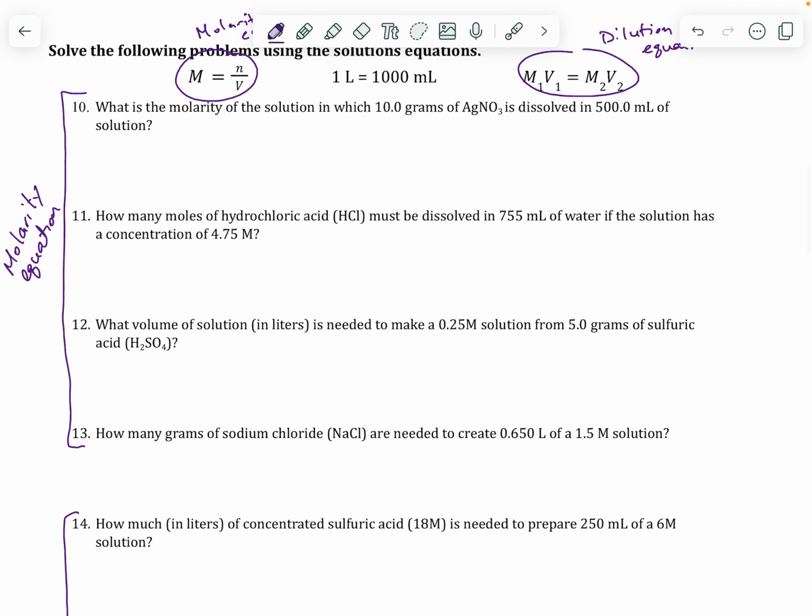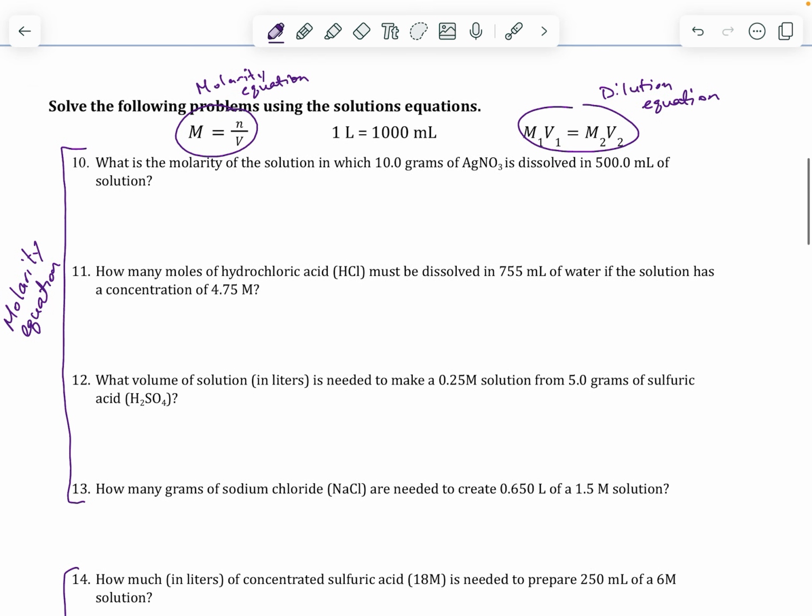And in order to be able to effectively use these, you have to know when you need to use each one. The best way I think of is differentiating these by, are you given 2 molarities or 2 volumes at any point, right? Obviously, the dilution equation has V1 and V2, M1, M2, so there's a start and a finish. If there's no start and finish, then obviously this equation is not going to be useful to us.